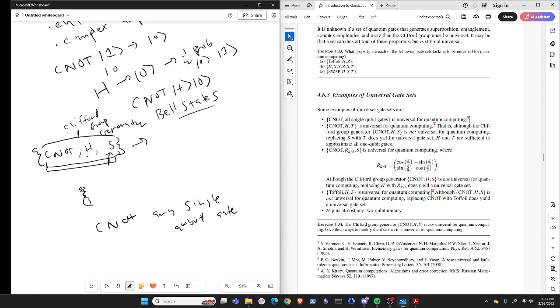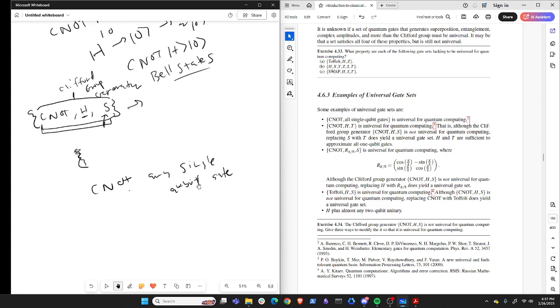We can build a Hadamard with a combination of a C naught and other single qubit gates, like rotational gates, like our S's and our Y's, etc. So as you see there, a C naught, a rotational gate, and an S is universal. We can build any quantum gate through this.